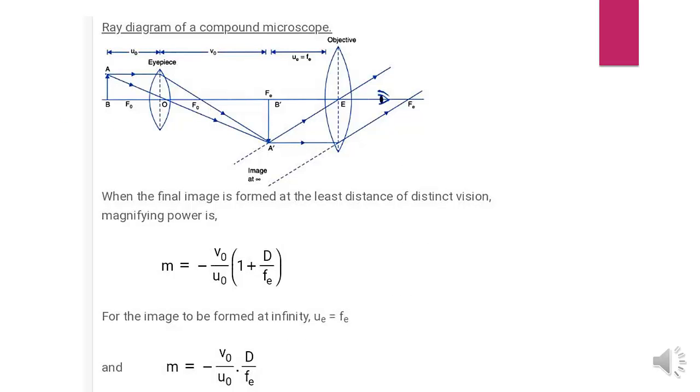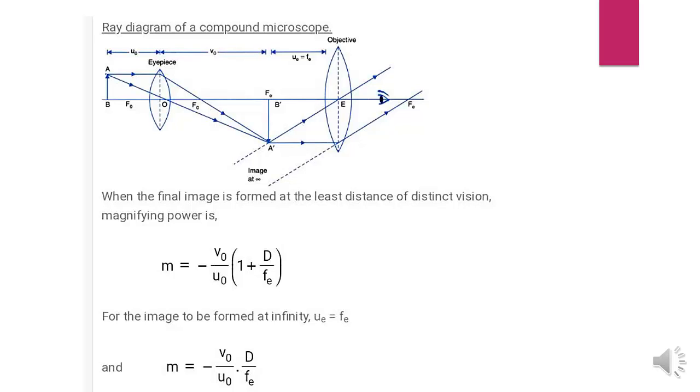Next we are going to find out these formulas, which you should learn by heart. What is the magnifying power of a compound microscope? Here you can see this is the object where we kept the object, and the image is forming at the principal focus of the objective lens. Here we kept the object just after the principal focus of the eyepiece.